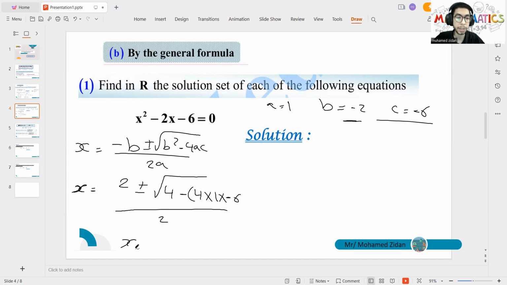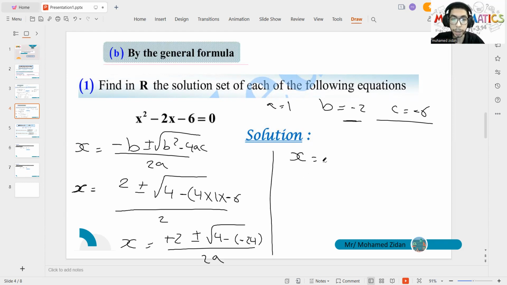Then x equals 2, positive or negative square root of 4 minus 4 times 1 times negative 6, which is negative 24, over 2a.